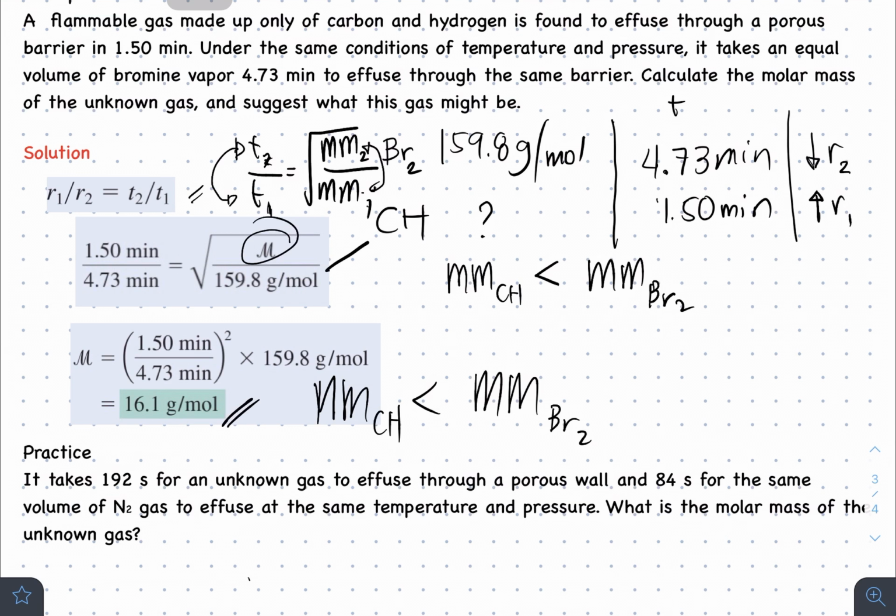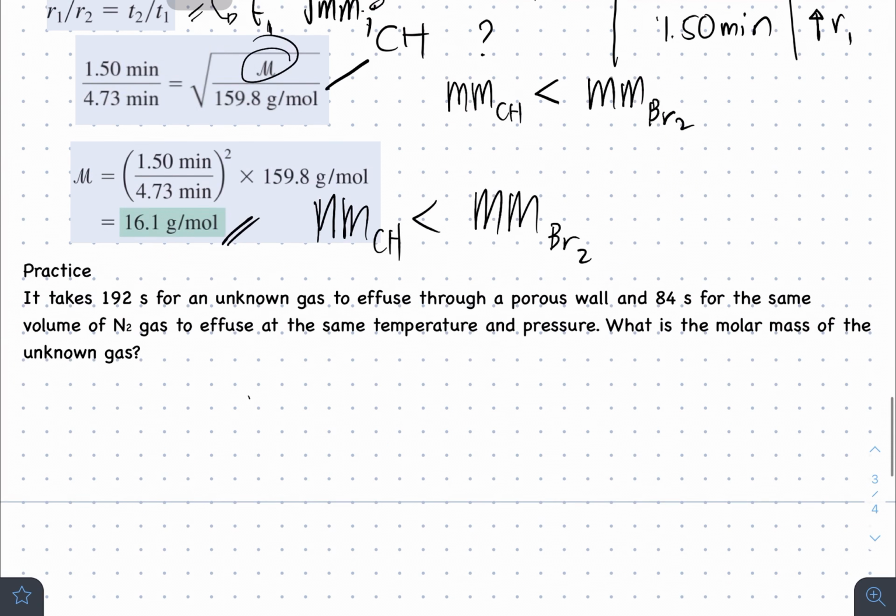So it is obvious that the hydrocarbon gas will escape the porous opening in a lesser amount of time, meaning at a faster or higher rate.